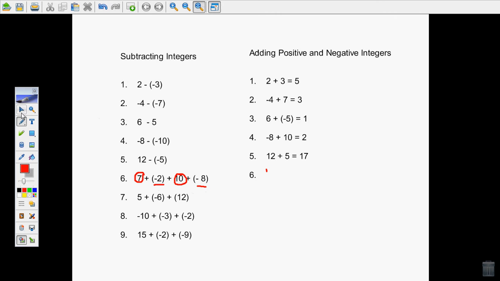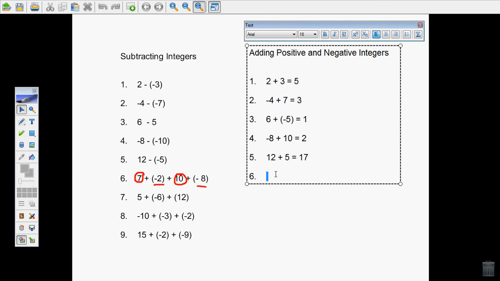When I come over here to make it into just a single problem, I'm going to add the two positive numbers 7 and 10 and get 17, and then plus negative 2 and negative 8, which I'm going to make into a negative 10. Now I can add 17 plus a negative 10 and get a positive 7.